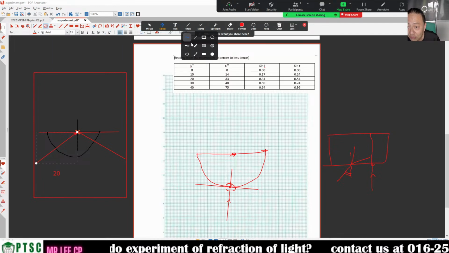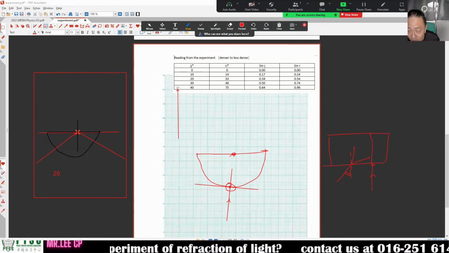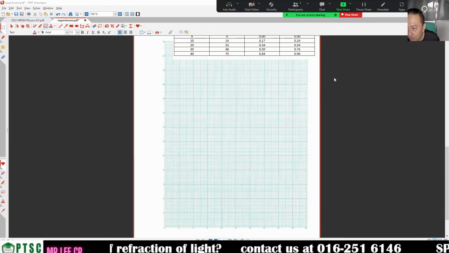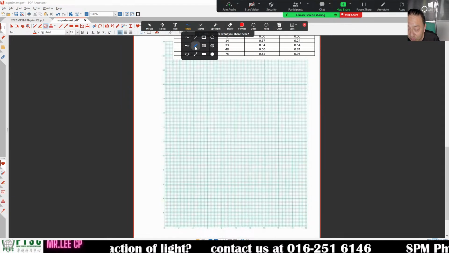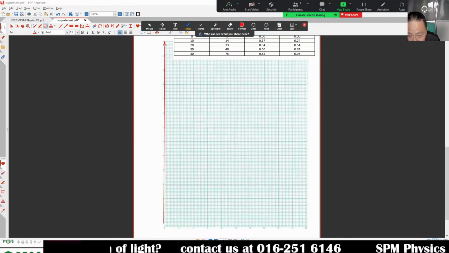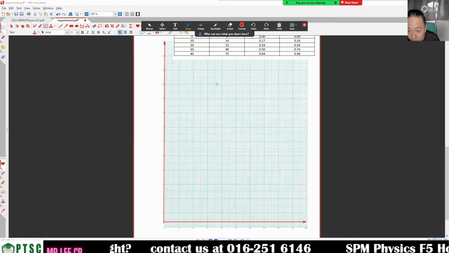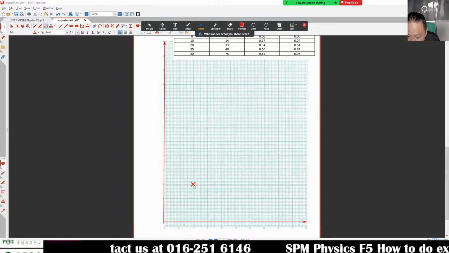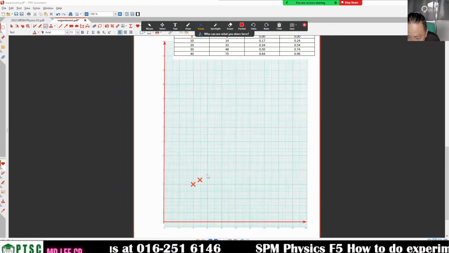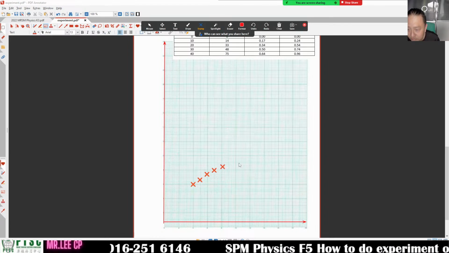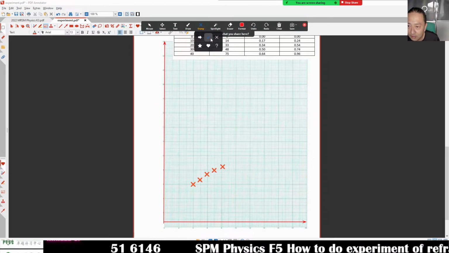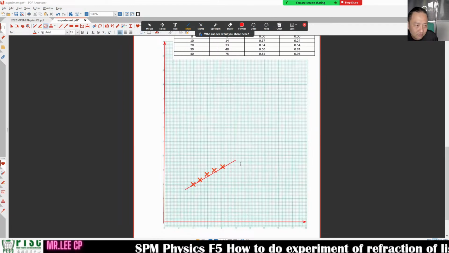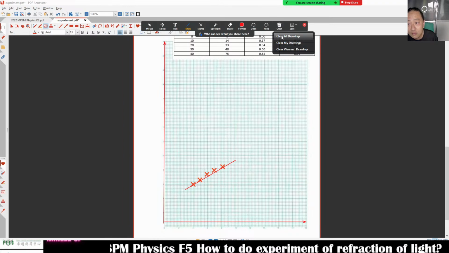Once you plot the graph, you will get your graph like that. Here. And then here. I'm not drawing well. You'll get your values here: 20, and then 25, and then 30, 35, and then 40. Like that. Do you think it is a good graph when you plot it? No, right?